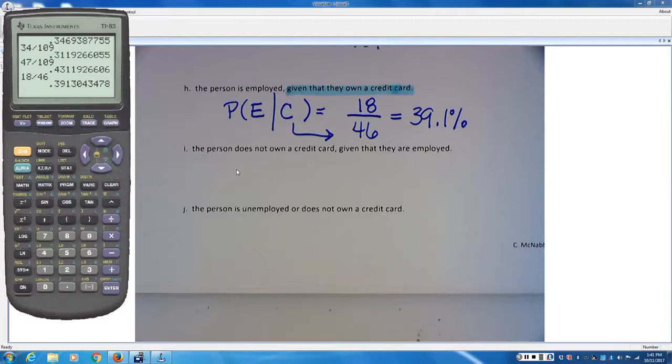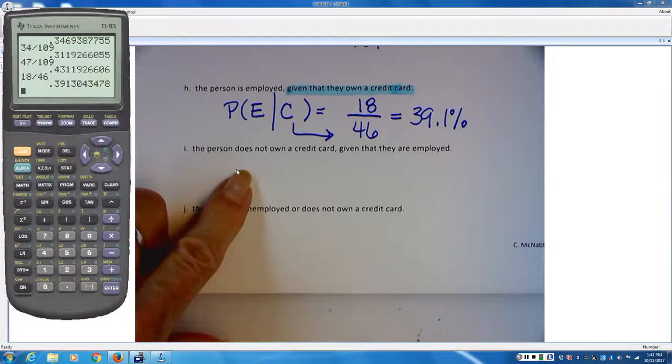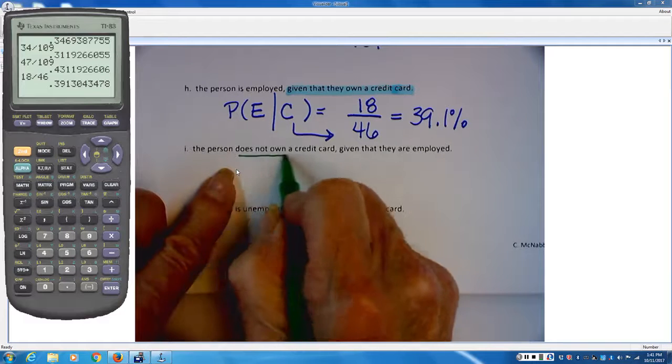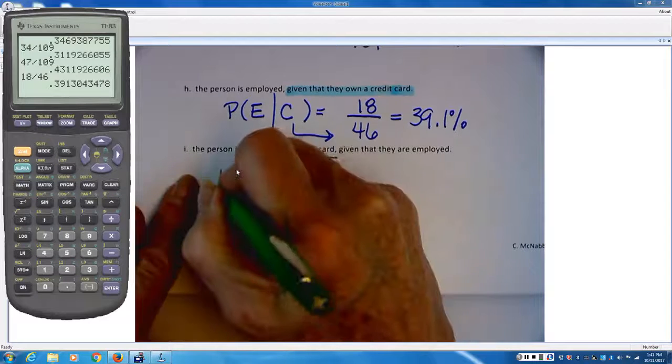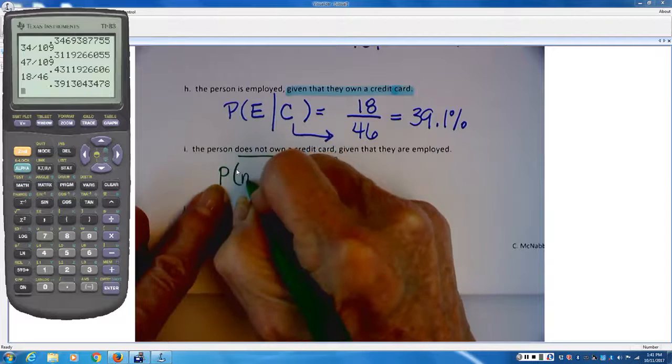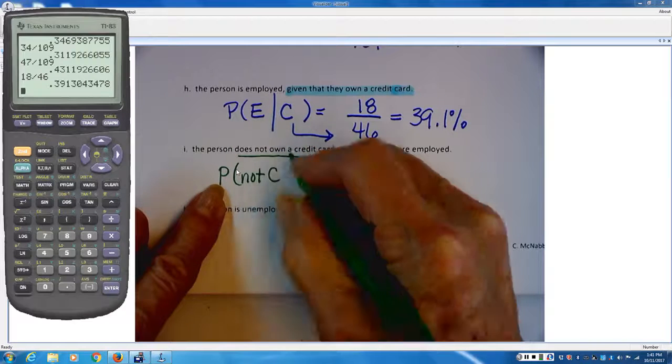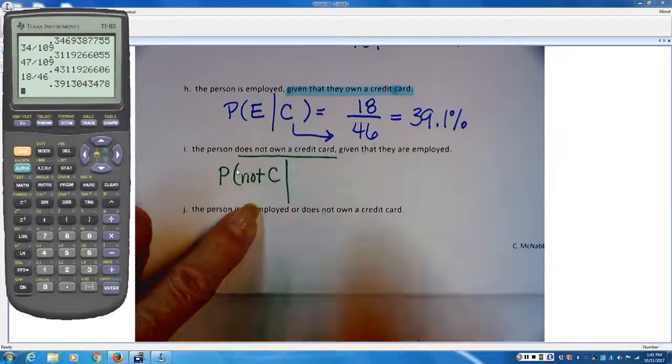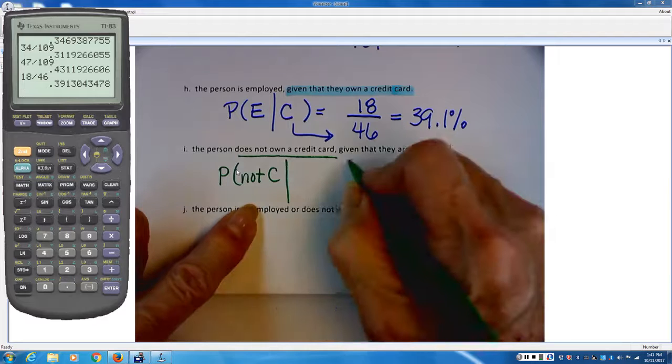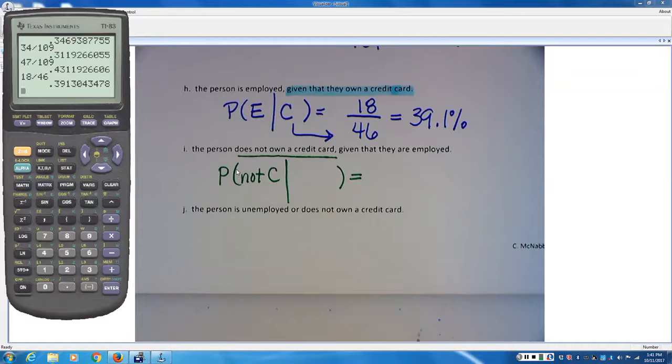Okay, here's another given that. These are called conditional probabilities. Says the probability a person does not own a credit card. And you can write the complement as not C also. So does not own a credit card. Then we have a given condition.